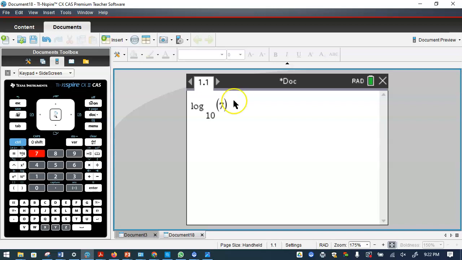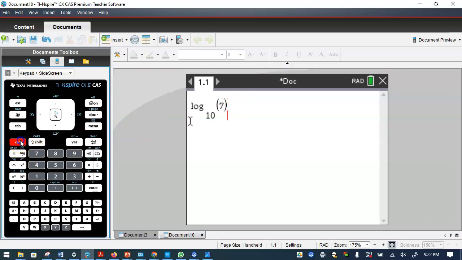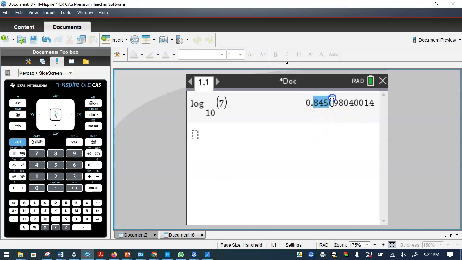Then put in 7, press control and enter, and you get the answer. But you need to put it in 4-place decimal. This 9 is more than 5, so this 0 is increased by 1. That's all you're supposed to do, not difficult.